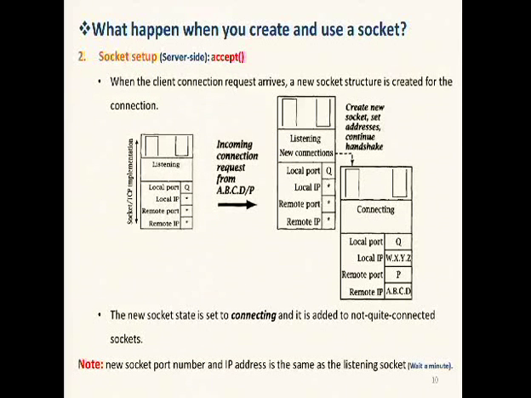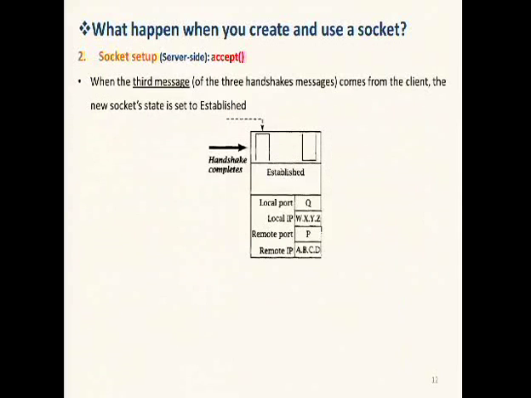Here I said we are in the connecting state, but it doesn't mean that we have a connection right now. If you can see here, just after the example, when the third message comes from the client, the new socket is established.